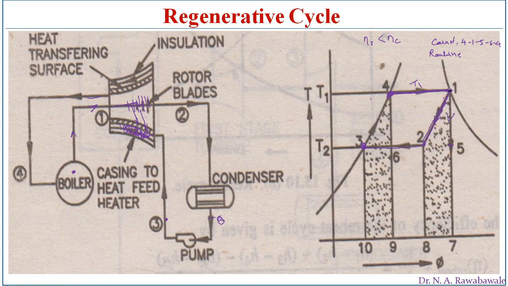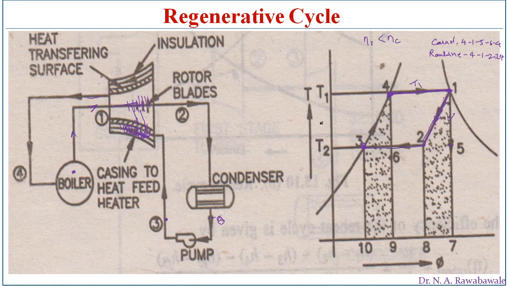So the cycle becomes 4 1 2 3 4. Now the area of this TS diagram 4 1 2 3 4 is approximately equal to 4 1 5 6 4, therefore the efficiency of the Rankine cycle becomes approximately equal to the Carnot cycle efficiency.